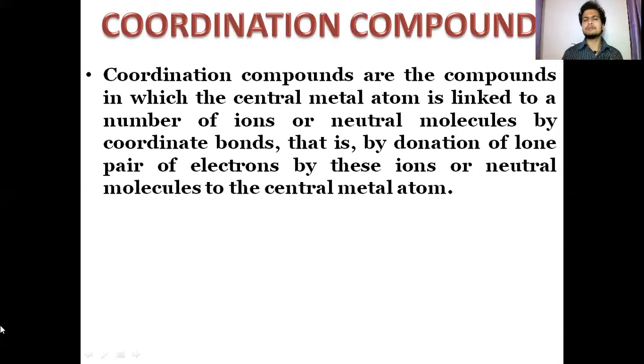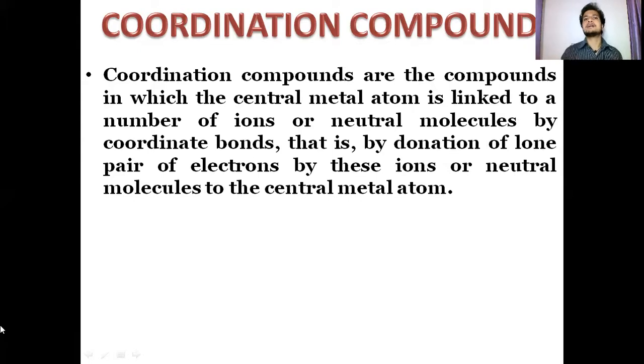Usually when we say a covalent bond, what do we understand? One particular atom and another atom share an equal number of electrons, mutual sharing forms a covalent bond. But if there are two groups, one donates, another one accepts, and then they share it, that is a coordinate covalent bond.